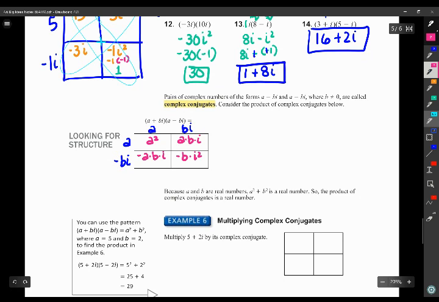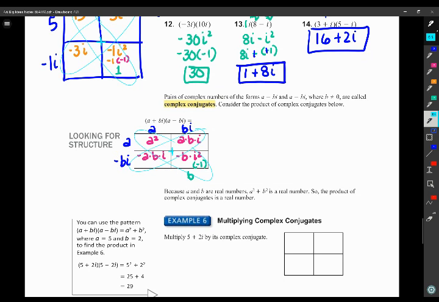And on the diagonals, a couple things. First off, notice that this i squared is the same thing as negative 1. So negative times a negative is a positive b.